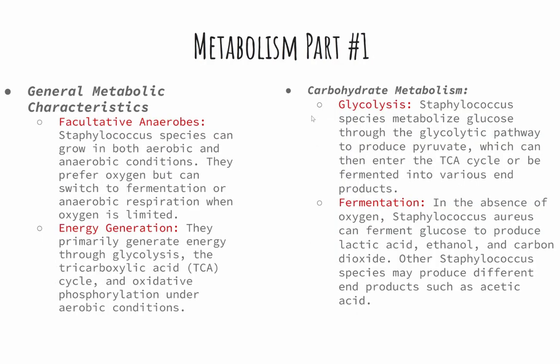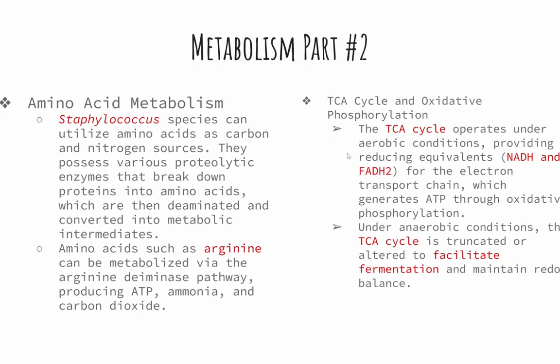Part one of the metabolism of my bacteria includes facultative anaerobes, energy generation. Carbohydrate metabolism includes glycolysis and fermentation, which is what we learned in class. The second part of the metabolism is amino acid and TCA cycle in oxidative phosphorylation.